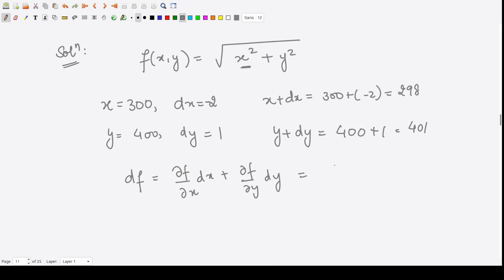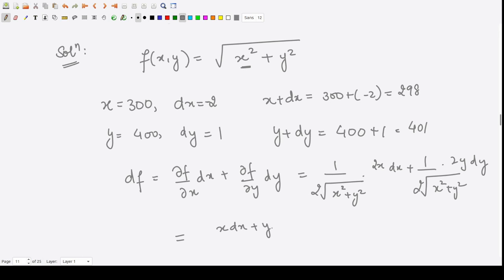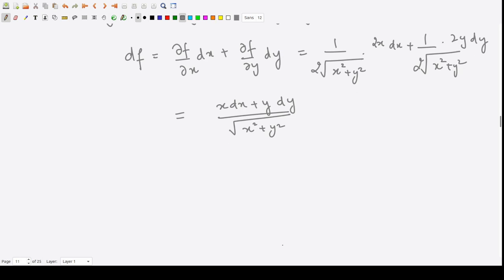That would be 1 divided by 2 square root of x square plus y square into 2x dx plus 1 divided by 2 square root of x square plus y square into 2y dy. When you simplify this, the 2 and 2 cancel, so you have x dx plus y dy divided by square root of x square plus y square.